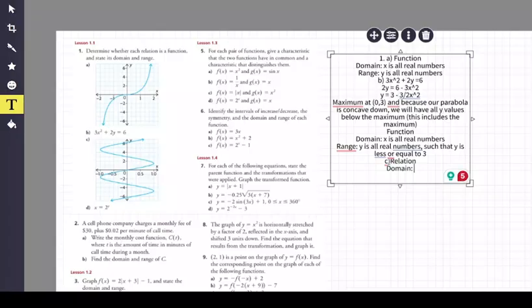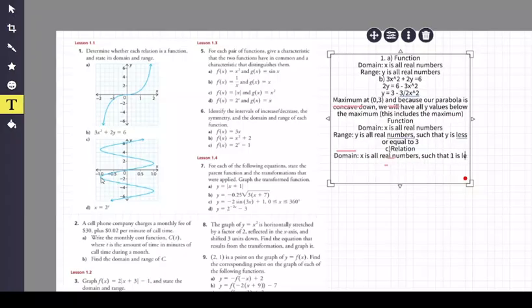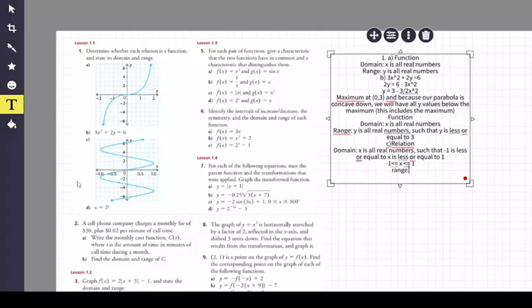So this means that x is all real numbers such that -1 is less than or equal to x is less than or equal to 1. This is our domain.